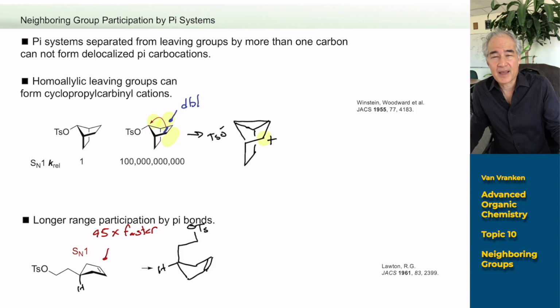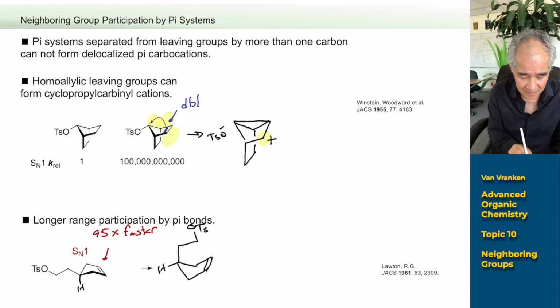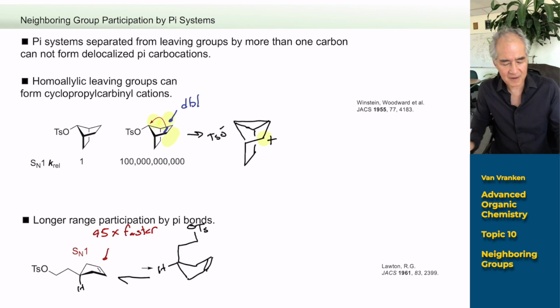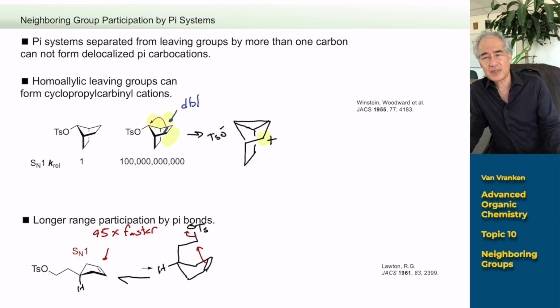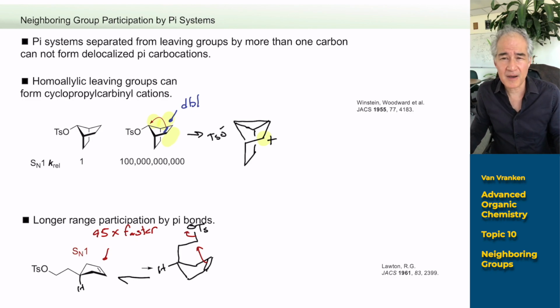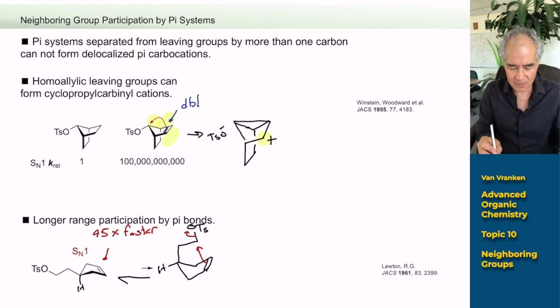Not a lot of time in that conformation. That is not a favorable conformation. By far, the preferred conformation is this other conformation on the left. But for the small amount of time that it spends in this conformation, these pi electrons can help push out that tosylate leaving group. So this is why it isn't as good as the case up above, which is locked into a reactive conformation. This case down below spends only a small fraction of its time in the reactive conformation.